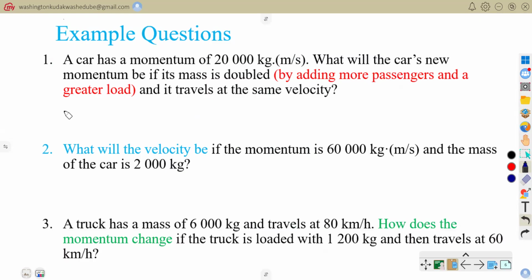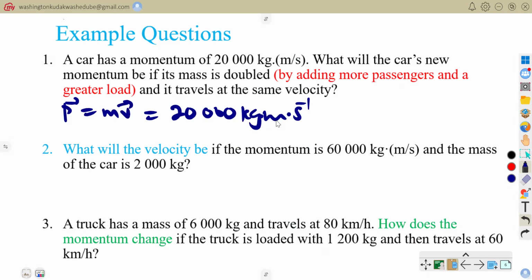So we know that momentum is equal to mass times velocity. And here they are saying that the momentum is equal to 20,000 kg meters per second, given that the mass is m. So this is the initial scenario, which is initial momentum. What becomes the final momentum?